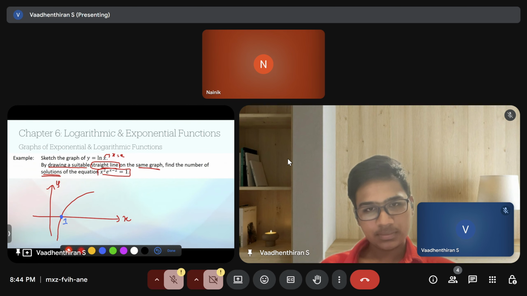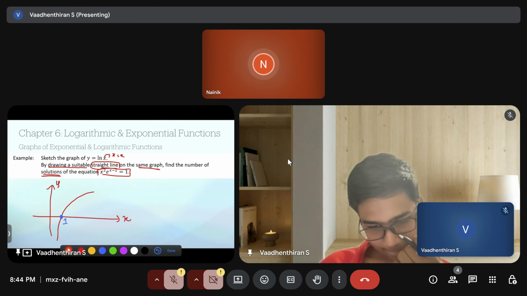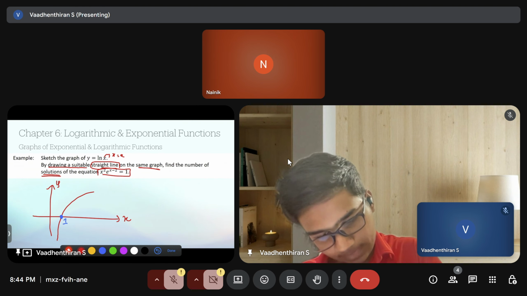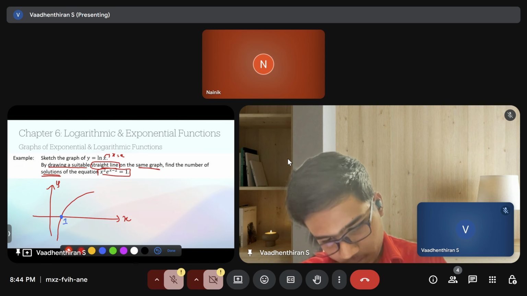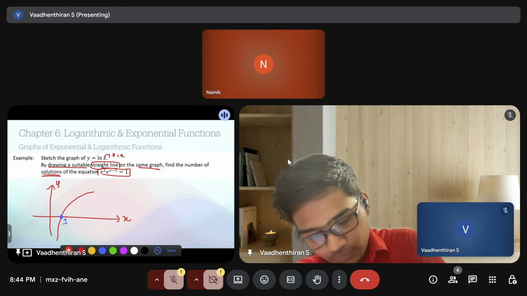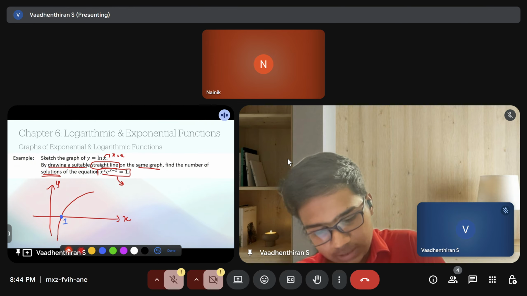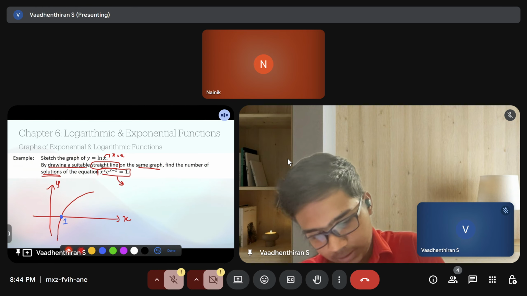So x squared e to the power x minus 2 is equal to 1, and y is equal to ln x. Do I have to equate them and find a straight line? So you just make this into the straight line itself.